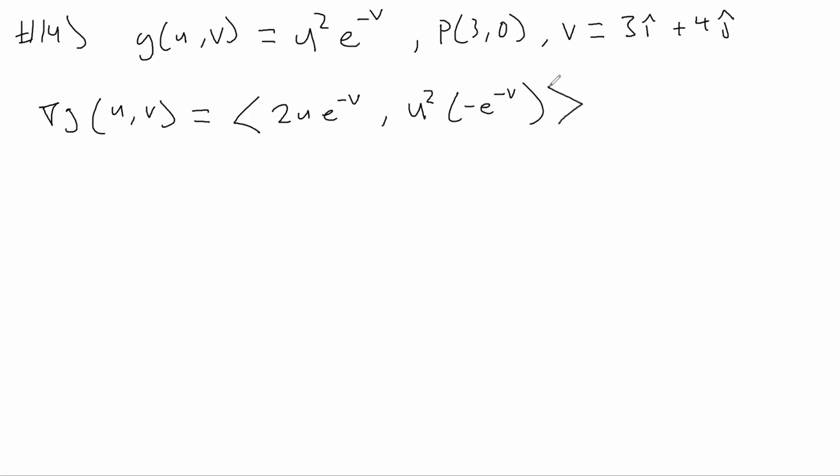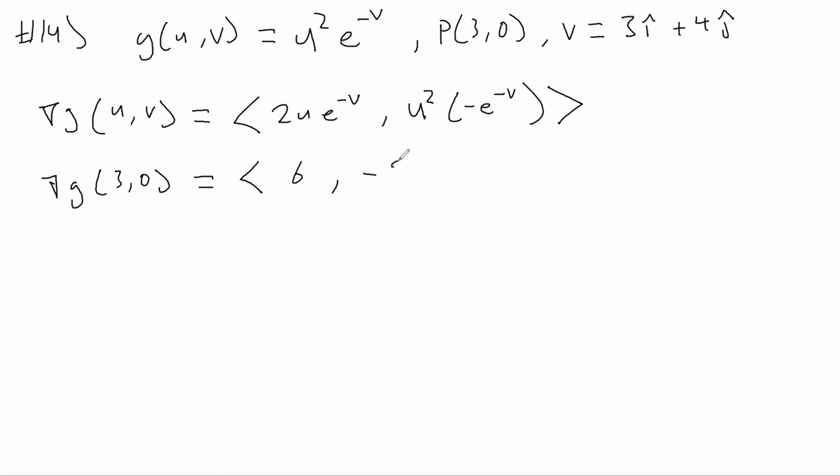Then at the point (3, 0), where u is equal to 3 and v is equal to 0, we have 2 times 3, so that's 6, comma 3 squared, which is 9, times negative e to the power 0, negative 1, so negative 9. Okay.